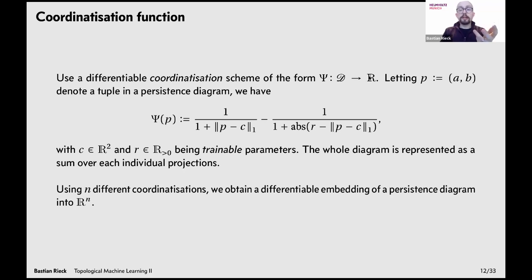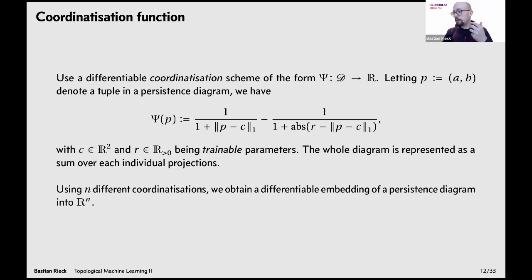So what you do is instead you represent the full diagram by stacking a couple of these representations. That gives you a feature vector in R^n. And you represent, of course, more than one point by just summing over individual projections. If you paid attention to what I said about message passing, you might remember that this is very, very interestingly, tantalizingly close, I should say, to things like permutation invariant functions.